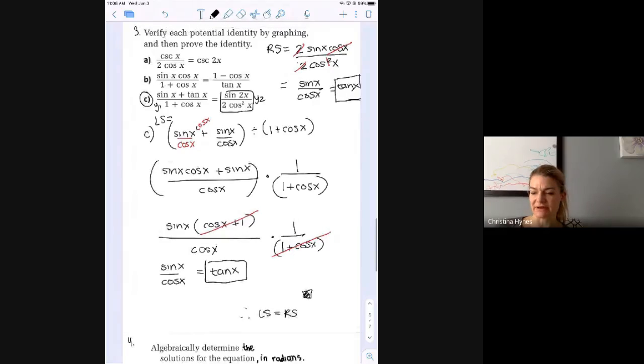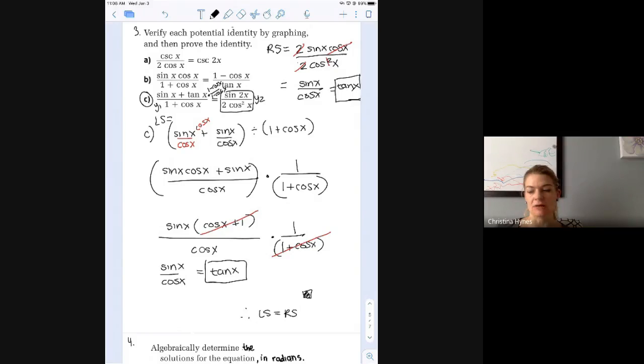So that's question 3, looking for those common things. Now, the other, longer approach is that you could have multiplied this left side by the conjugate, which is 1 minus cos x, top and bottom. Then you distribute, but it ends up being like 15 steps, versus here I only had to do about 4 steps on the left side and then 2 steps on the right side.